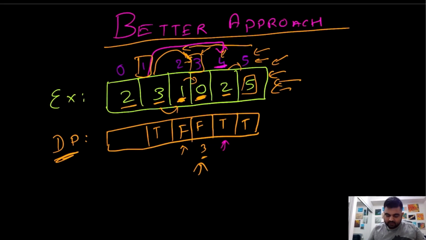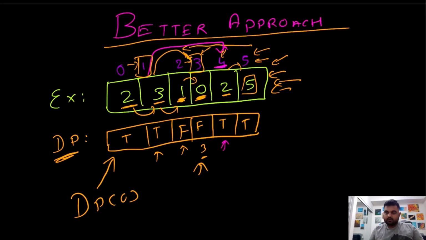And now for this position, we need to check that it has potential to do two jumps. We will only check for one jump. So with one jump, we will end up at this first index. That one is true, which means that we can fill true over here as well. And in the end, we just need to return whatever DP of 0 we found.